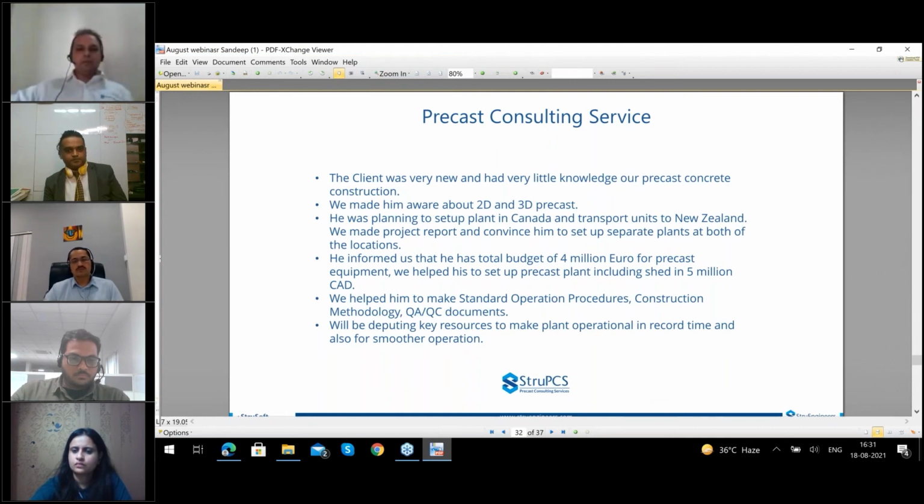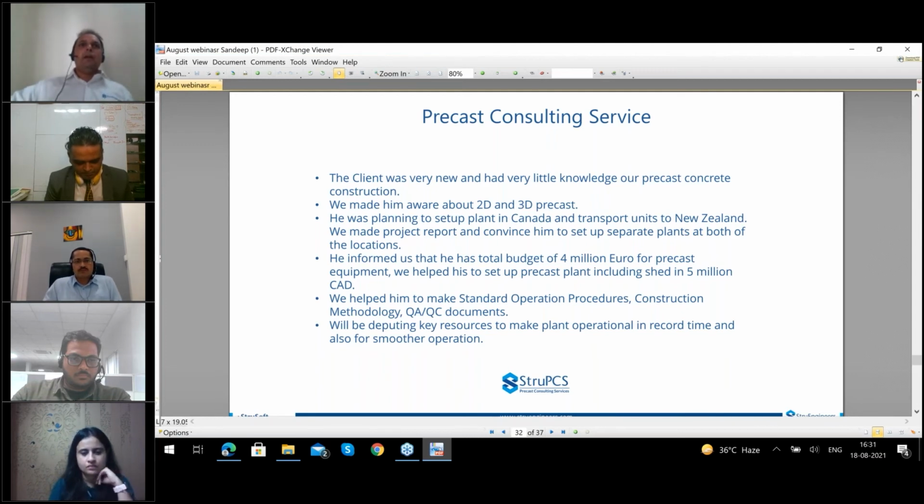So coming back to StruPCS, we proposed 3D precast or PPVC modules. The next challenge was that in 2D precast we have a lot of flexibility, but in 3D we have to cast as per the mold size. So we engaged with different equipment suppliers and asked whether it is possible to make flexible molds.